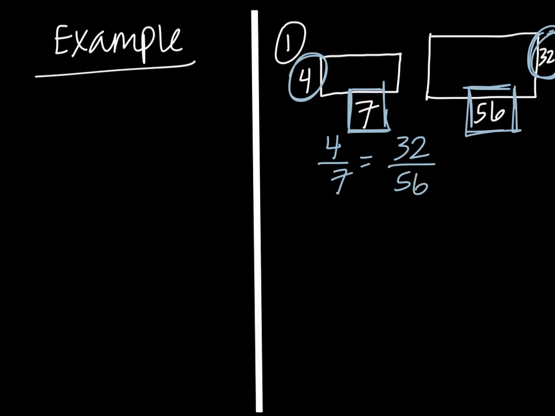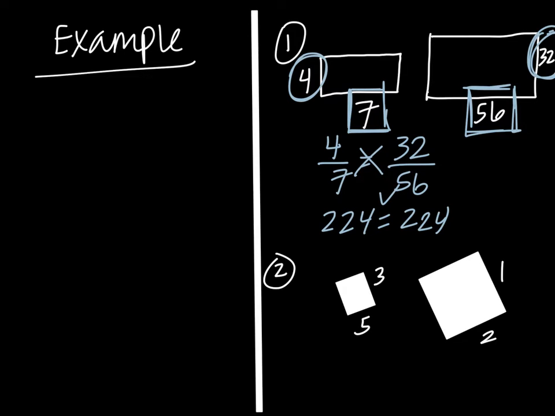So now we cross multiply, and we want to see if the cross products are equal. 4 times 56 is 224, and 7 times 32 is also 224. So yes, those two figures are similar.